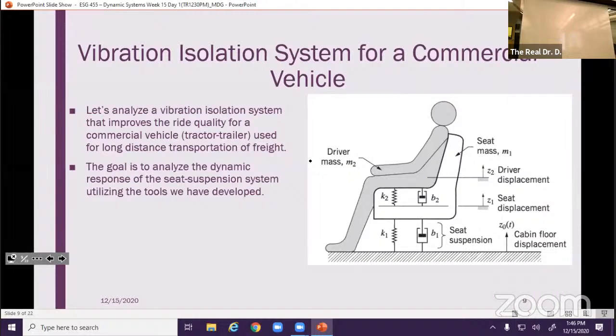What we are modeling here is the vibration isolation system that improves ride quality for a commercial vehicle, like a tractor trailer, used for long distance transportation of freight. And our goal is to analyze the dynamic response of the seat suspension.